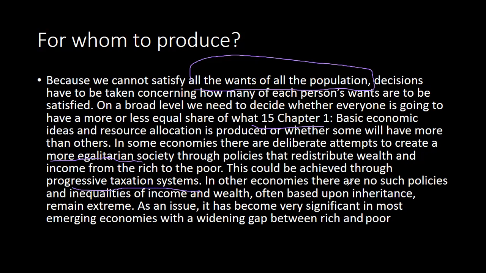In other economies, there are no such policies, and inequalities of income and wealth, often based upon inheritance, remain extreme. As an issue, it has become very significant in most emerging economies, with a widening gap between rich and poor. So this is for whom to produce.